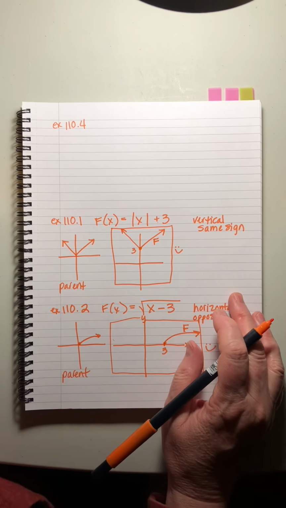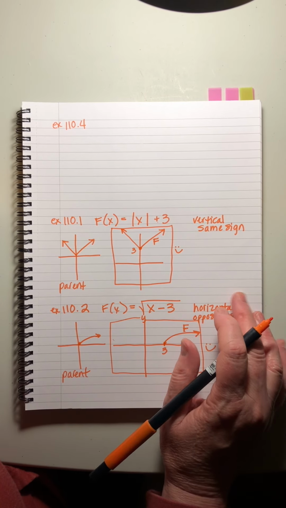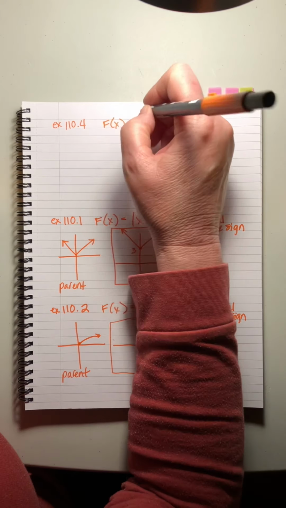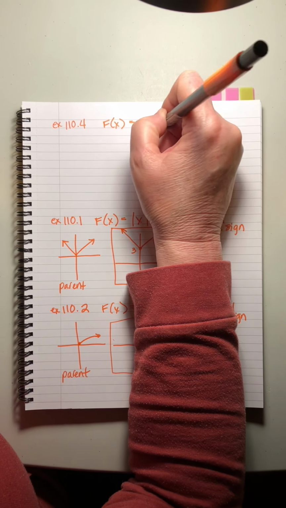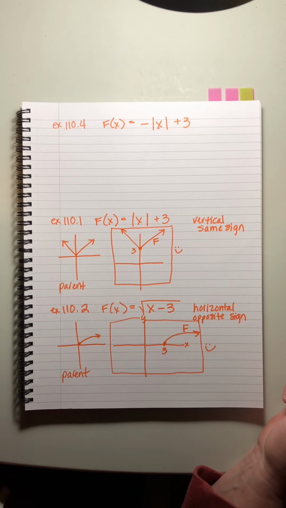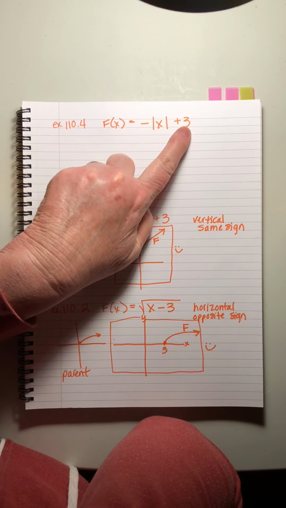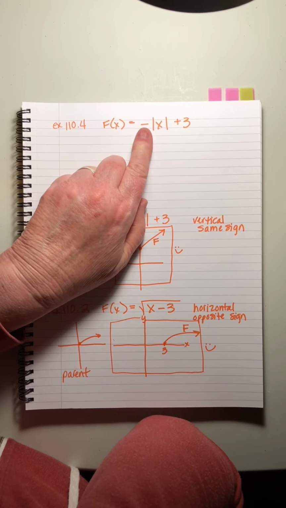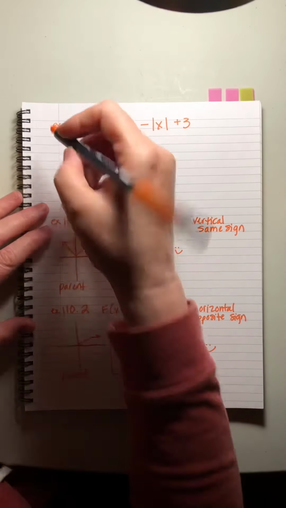Now we're ready to tackle 104, which is a combo. Sketch the graph of f of x equals... oh, so we can see that we're adjusting the number and we're flipping it. Isn't that clever? Let's start with the parent function.